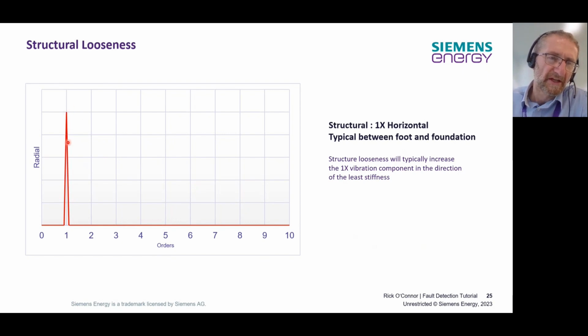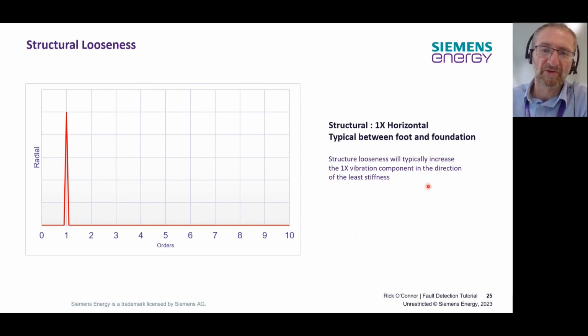We're seeing a strong 1x, and you can see straight away this looks very similar to imbalance. So this is typically the type of thing that you would need to eliminate before you went ahead and tried to balance a machine, in case it's down to looseness, not an imbalance. So you would be looking for soft foot and differences between the foot and foundation.